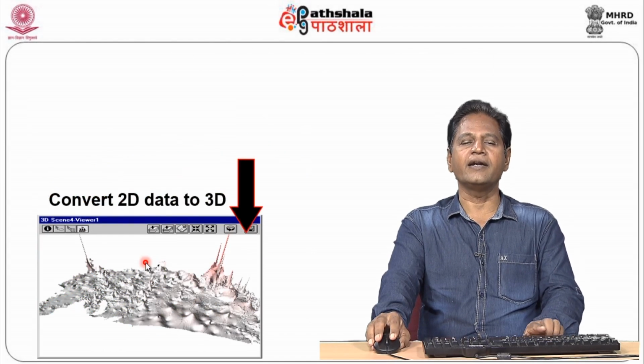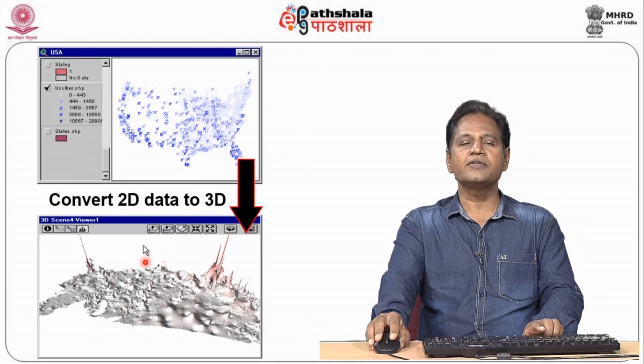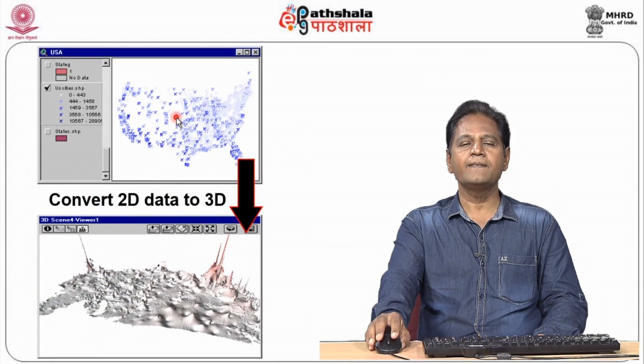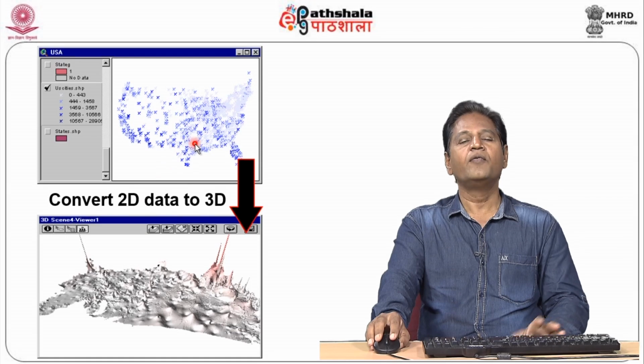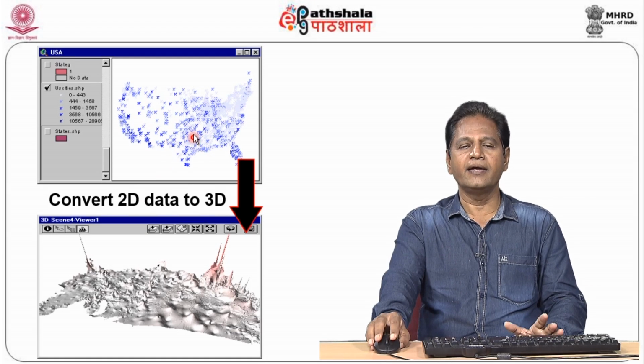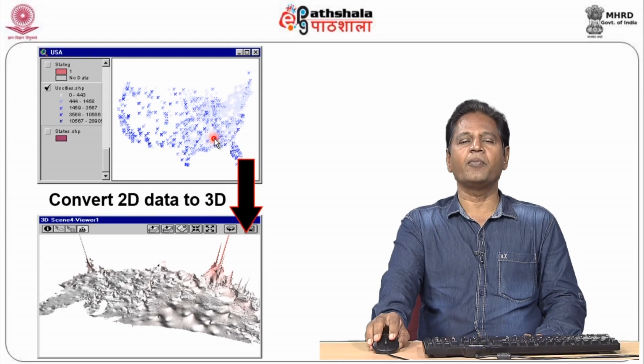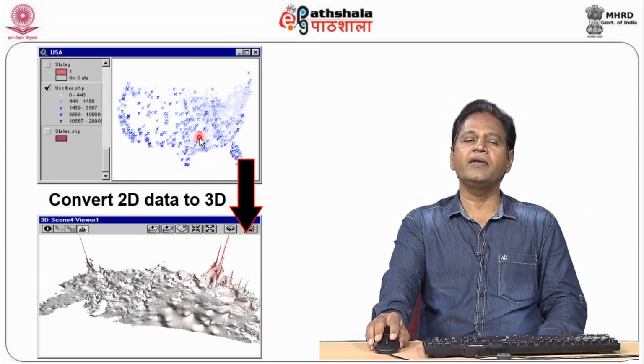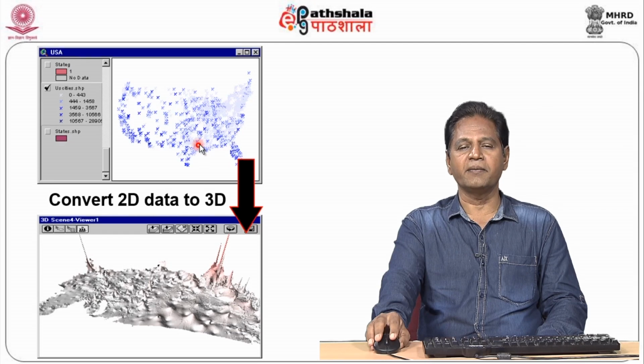How do you convert the data? Basically, what we try to do is that we have a simple data, you can see here a 2-dimensional data which could be point data, it could be a country or a continent, wherein for every given point you may have a data. Based on that particular point, it may be population data, it may be elevation data, it may be water depth data, whatever it is, you can create a third dimension here.